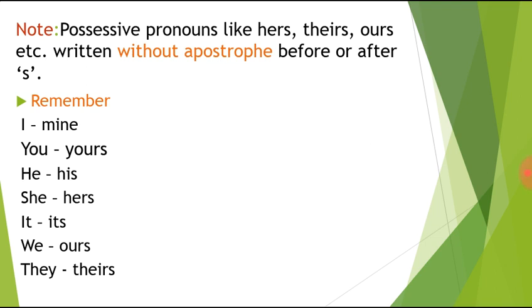And a few things you have to remember: mine is used for I, yours for you, his for he, hers for she, its for it, ours for we, and theirs for they.